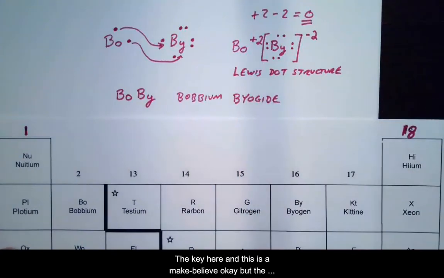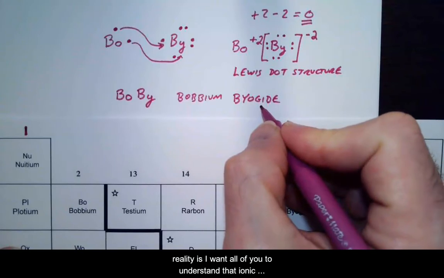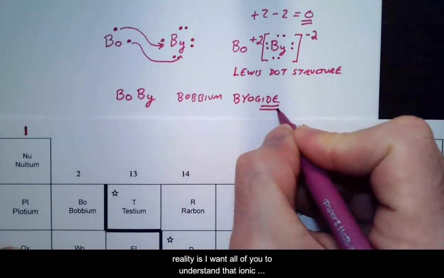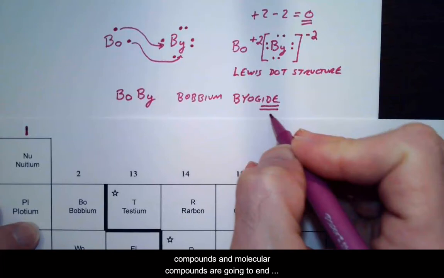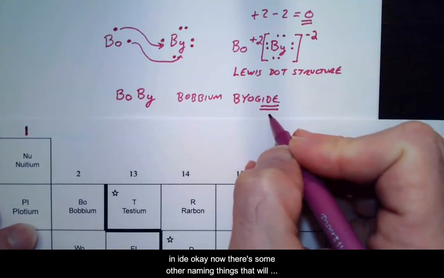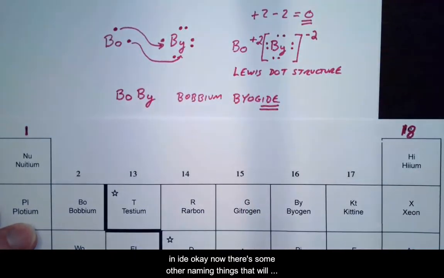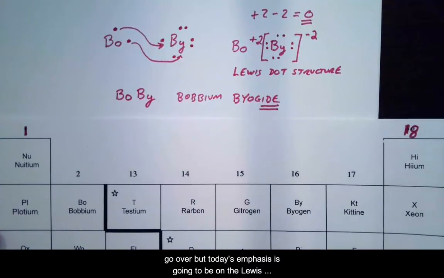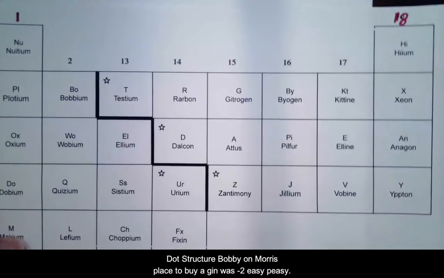Now, the key here, and this is make-believe, okay? But the reality is I want all of you to understand that ionic compounds and molecular compounds, so compounds in general, are going to end in IDE, okay? Now, there's some other naming things that we'll go over, but today's emphasis is going to be on the Lewis dot structures.